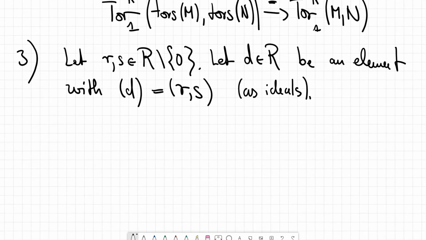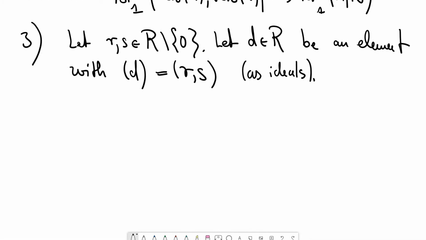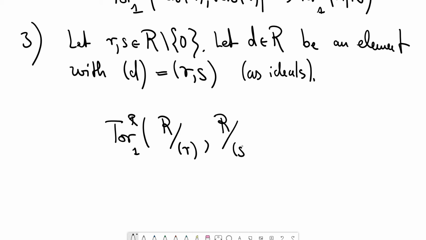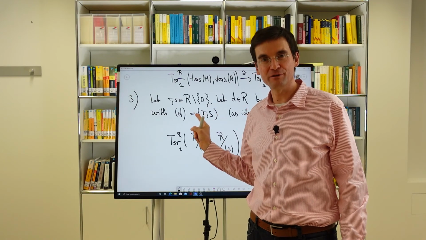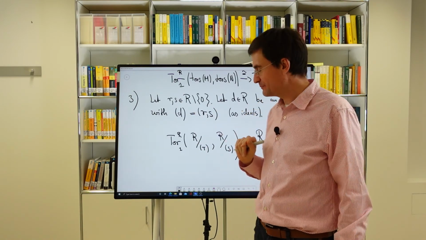And then the following computation holds true. So if I divide out these ideals by r and s, then Tor 1 is just R mod d. And a similar computation we had for the tensor product. We only formulated it for the case Z, but it's the same.